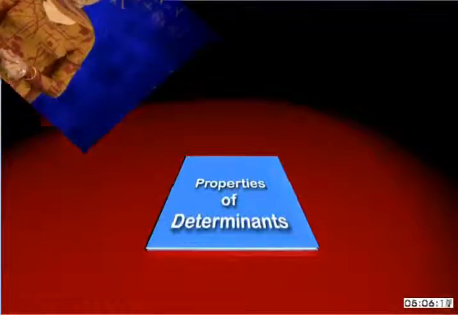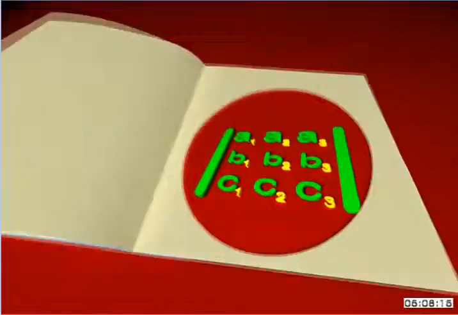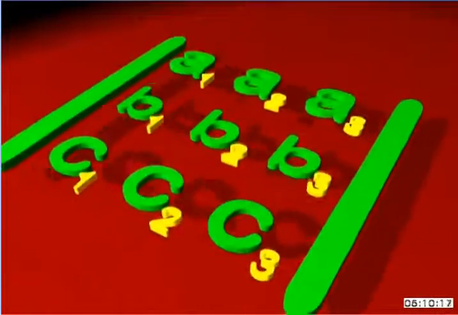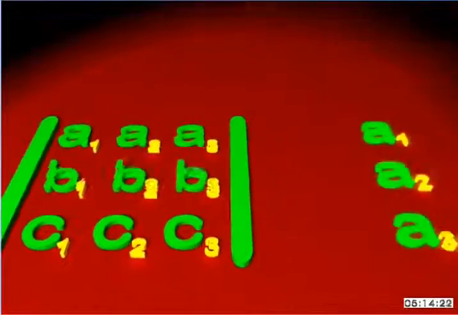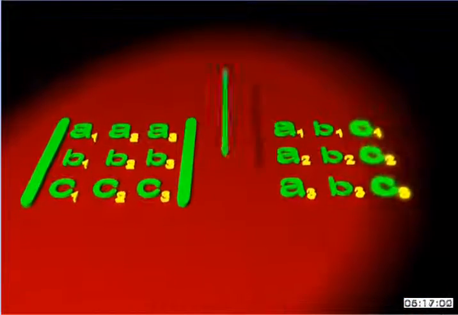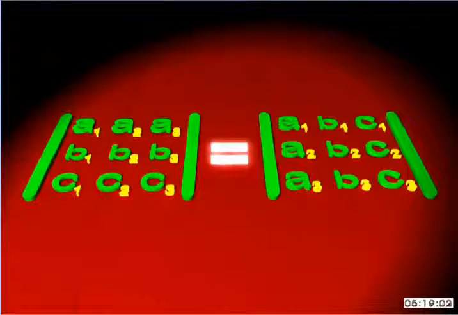Now we will see some properties of determinants. Properties of determinants. First property states that the value of the determinant remains unaltered if its rows and columns are interchanged.